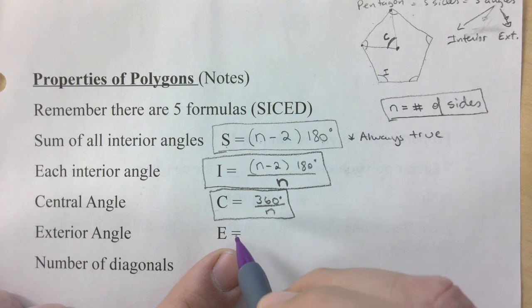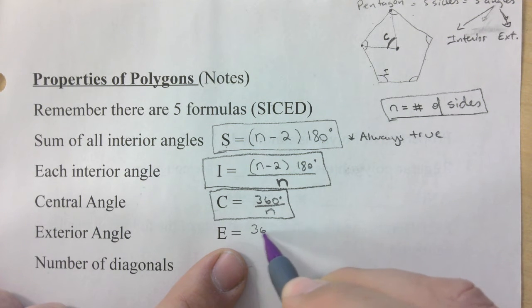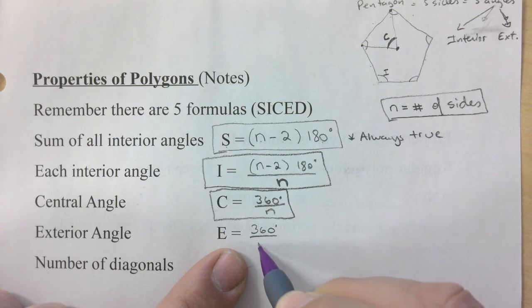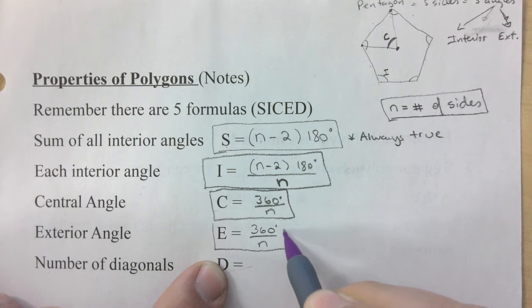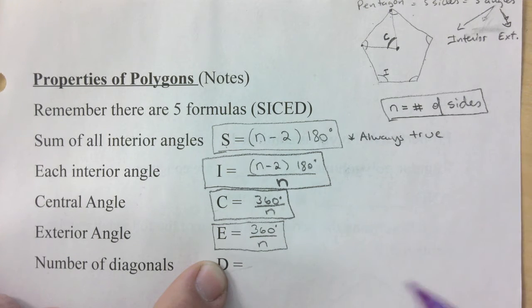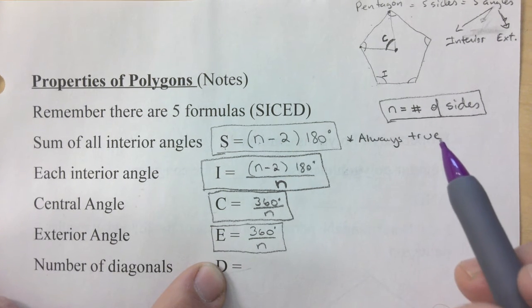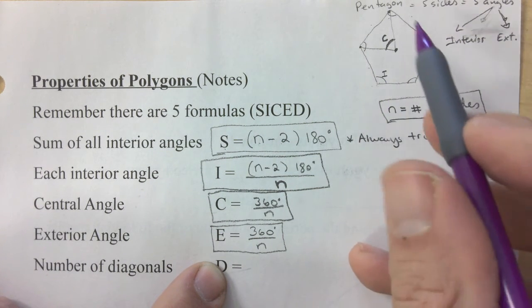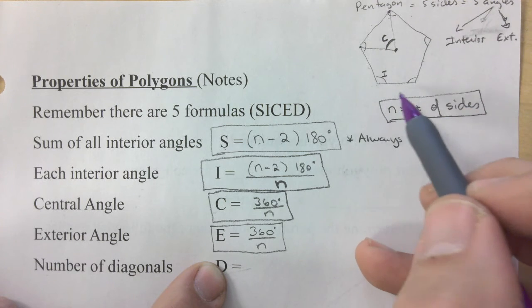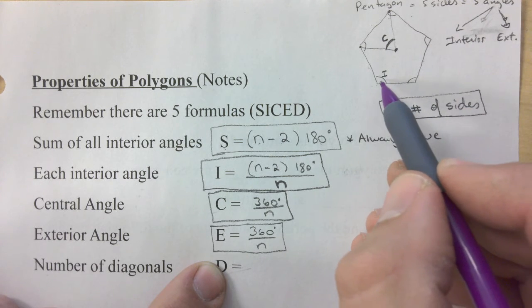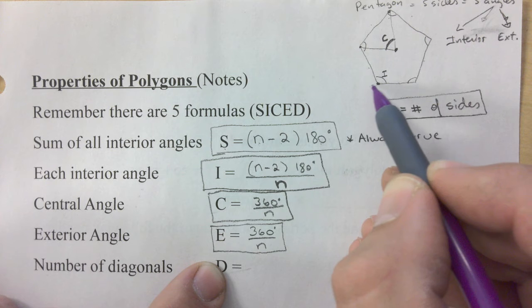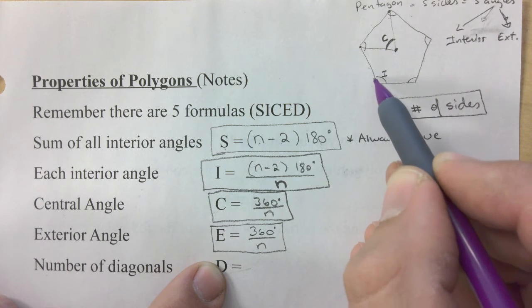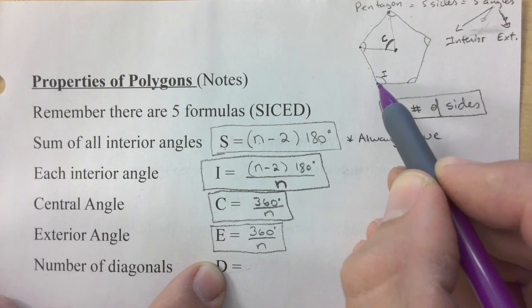Exterior angle is the same thing. How can that be? Let's go back up here to this pentagon. Exterior angle is if you were to look at this vertex right here, and it doesn't matter which way you go, you want to go this way or you want to extend this side, but only one of them applies.